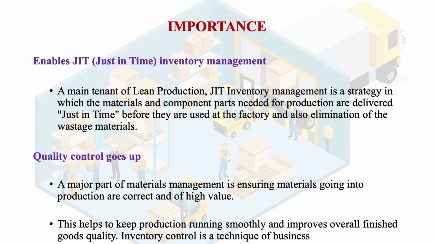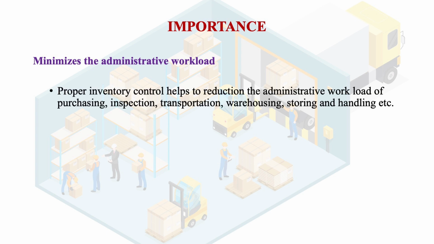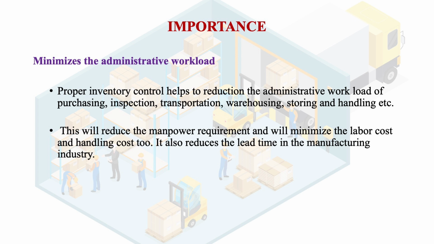Inventory control is a technique for applying the correct business and manufacturing process. Minimize the administrative workload. Proper inventory control helps reduce the administrative workload of purchasing, inspection, transportation, warehousing, storing and handling. This will reduce the manpower requirement and minimize the labor cost and handling cost too.